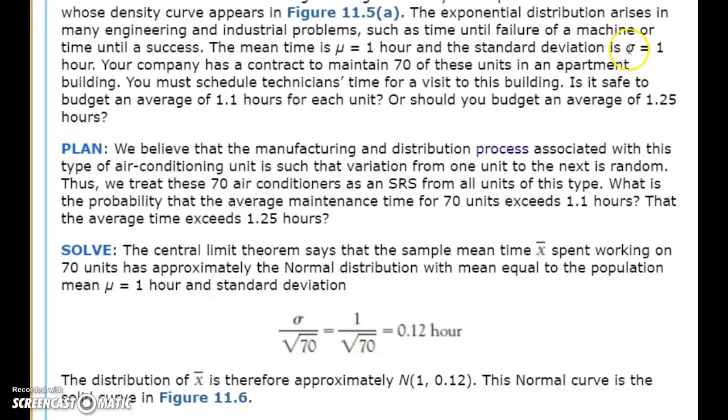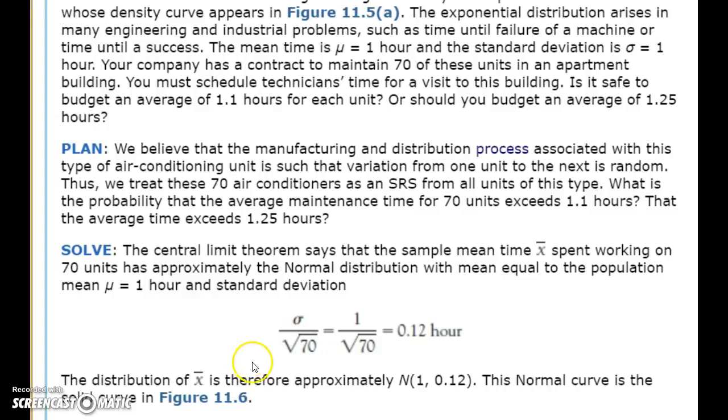It turns out it's not the original standard deviation of 1. We have to apply a correction factor to account for our sample size here. And so if we divide it by the square root of the sample size of 70, we see that it's 0.12 of an hour, about an eighth of an hour, which is much smaller than the original standard deviation.